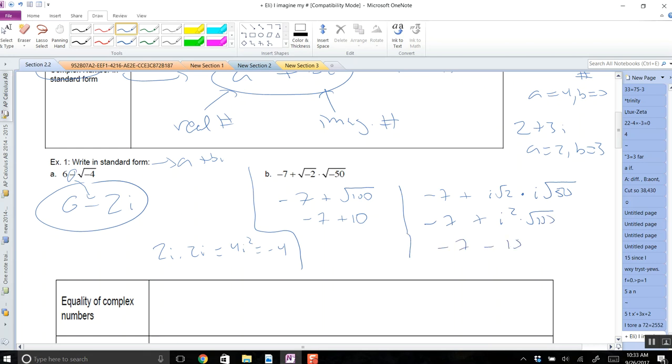I'm a little bit torn about this one, to be honest with you, because i squared is -1 and root 100 is 10. So is it -7 plus or -7 minus 10? I'll have to get back to you on that because that one's a little funky. But I wouldn't fault you if you approach it either way.